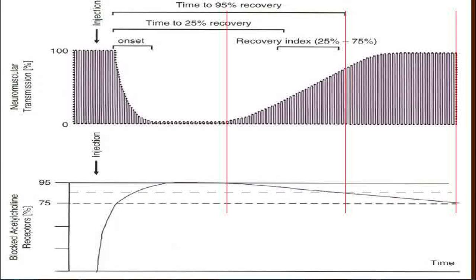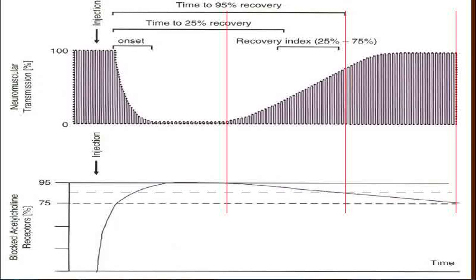So that's awesome, but what does train of 4 mean? Train of 4 is a relative measure of each twitch's magnitude. It is a series of 4 twitches that you can either palpate manually or put on some type of measurement device and measure the amplitude of the response.